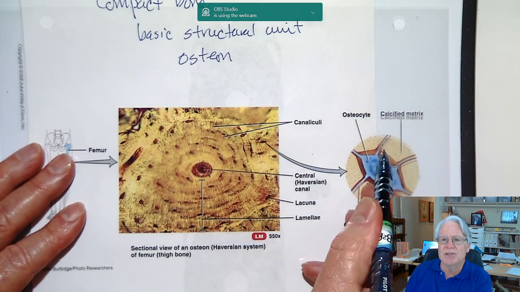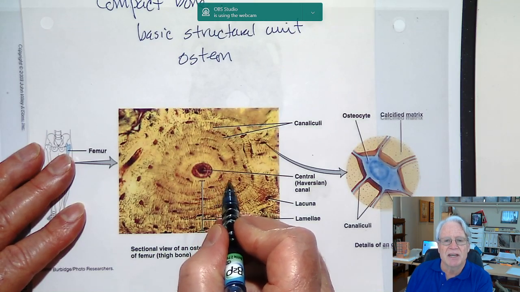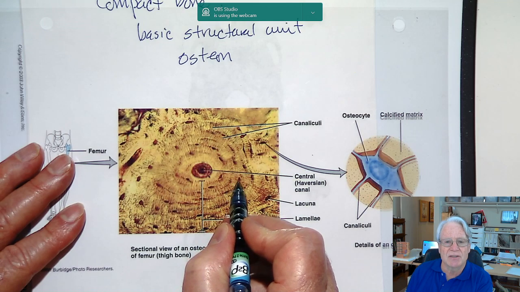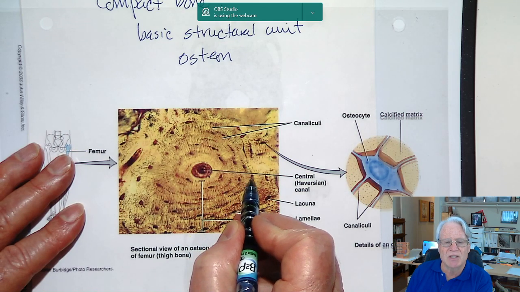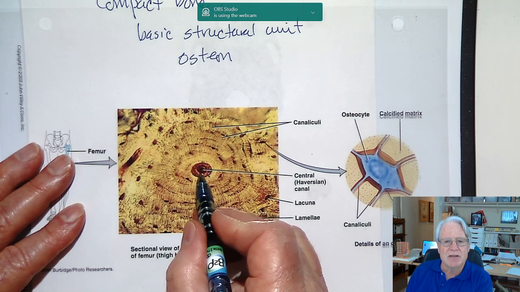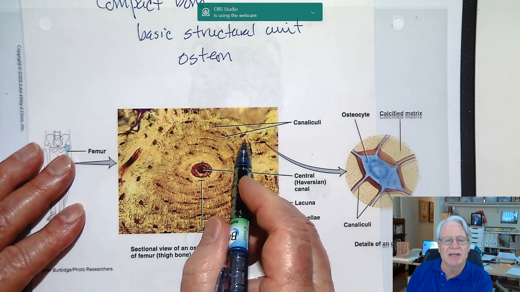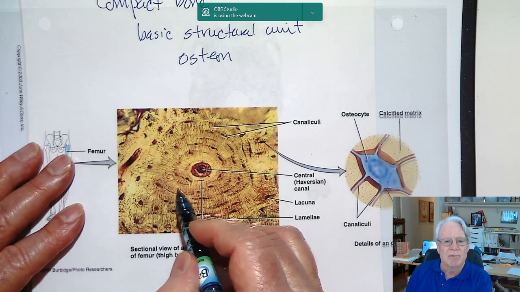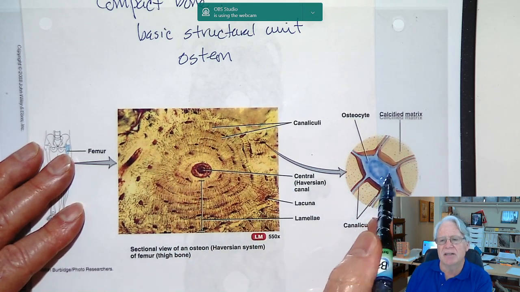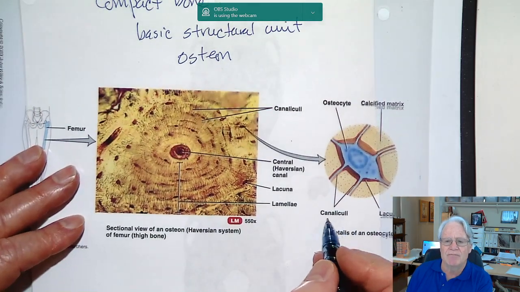This cell is also connected to its neighbor. So this cell is connected to that cell, which is connected to that cell, which is connected to that cell. So there's this interconnection starting here at the central canal and radiating outwards to the outer edges of the osteon. So all these cells are interconnected through these little canals, which are called canaliculi.